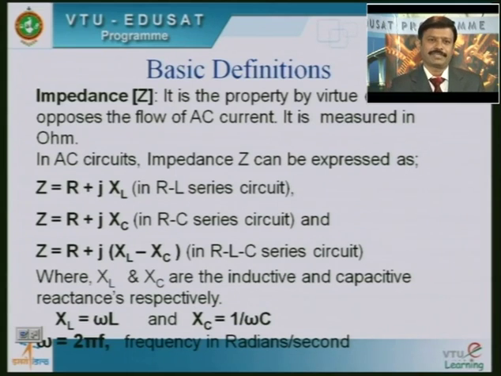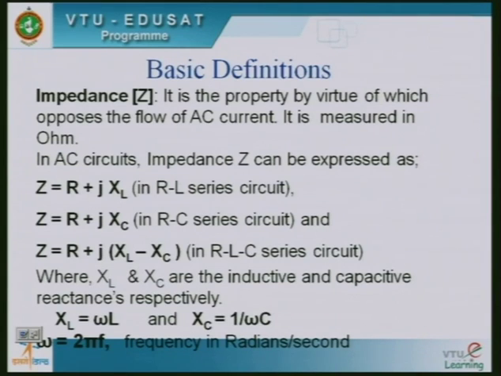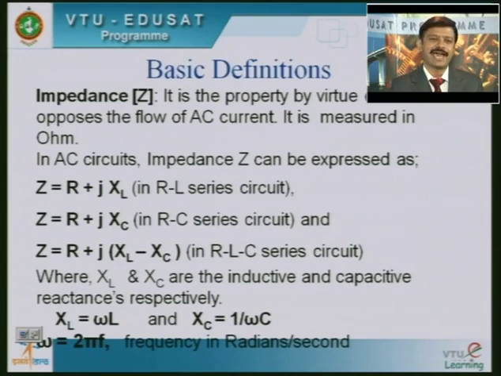First definition, impedance. It is the property by virtue of which opposes the flow of AC current. It is measured in ohms. In AC circuits, impedance Z can be expressed as Z is equal to R plus jXL in an RL series circuit.